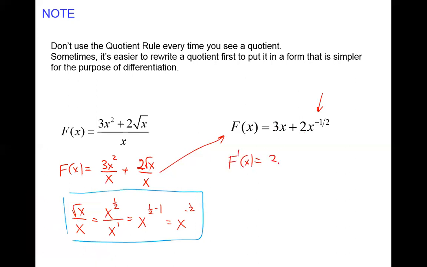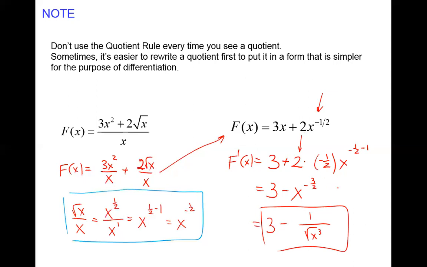Derivative of 3x is just 3. Derivative of x to the negative half, you can see I copy 2, x to the negative half will be negative half, x to the negative half minus 1. 2 times negative half is negative 1. Negative half and negative 1, negative 3 halves. And I can just rewrite as the square root of x cubed, just to rewrite without the negative exponent.